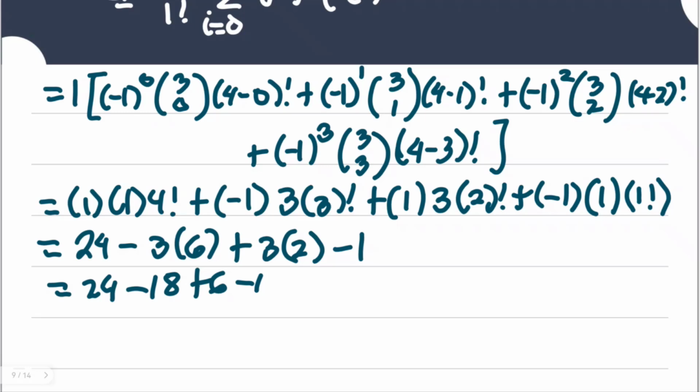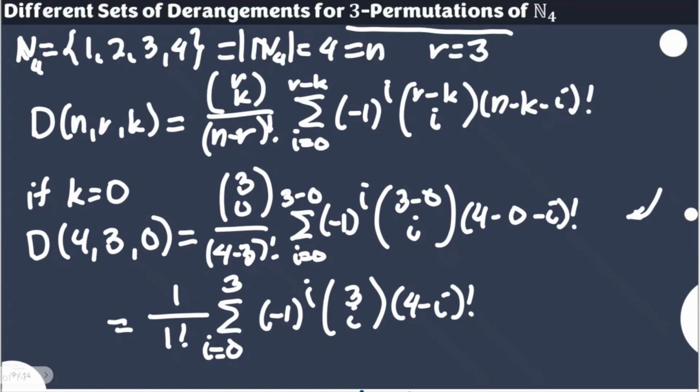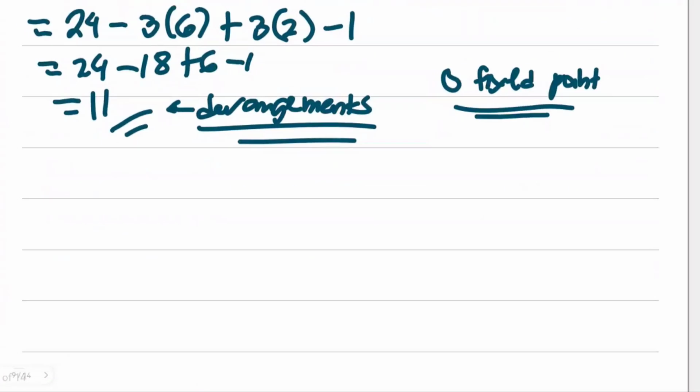You will get a result of 11. This corresponds to the derangements already, because the derangement stands for 0 fixed points. That's the number of derangements for the specific 3 permutations on N4. Since this problem talks about different sets, by the way, you can list that on your own.